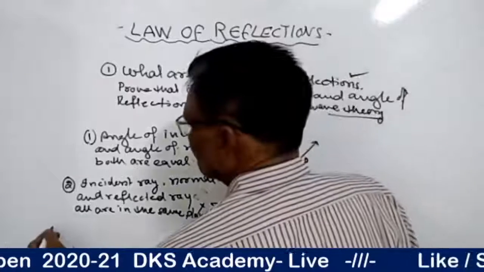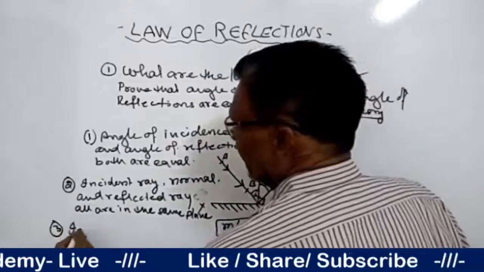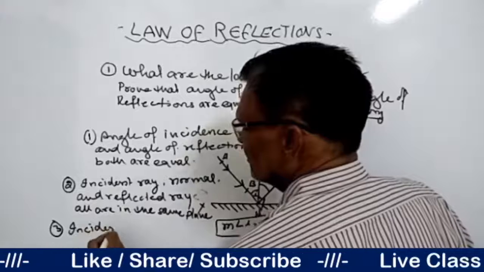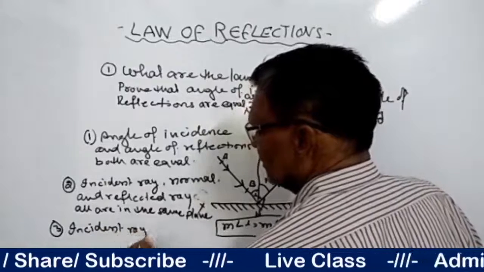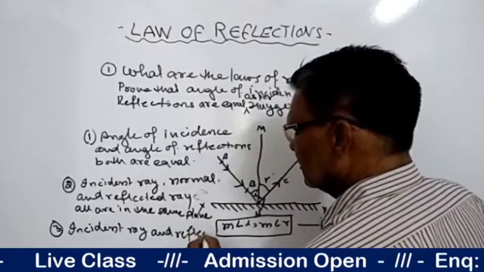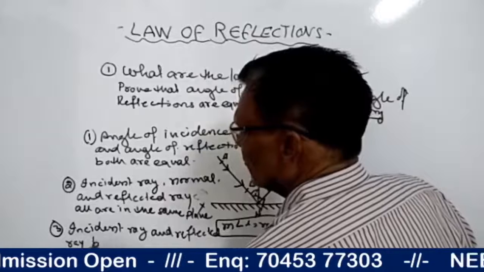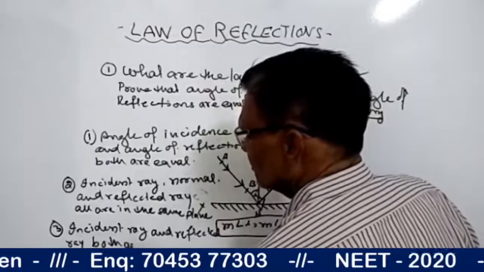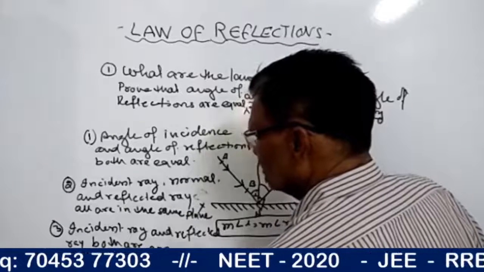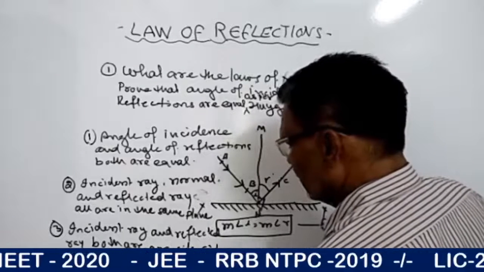Third law says incident ray and reflected ray both are on opposite side of normal.